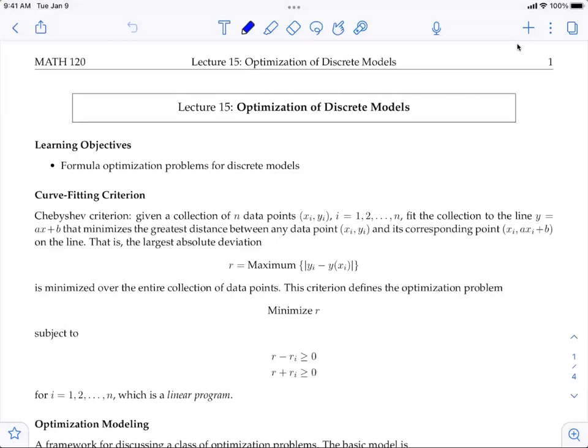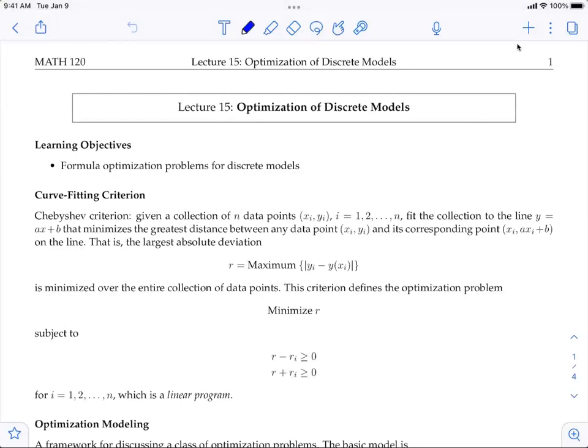All right, so this criterion defines the optimization problem as follows. You want to minimize R. The optimization is either you want to minimize something or you want to maximize something. And to minimize this particular residual, or the largest absolute deviation, it has to be subject to certain conditions.